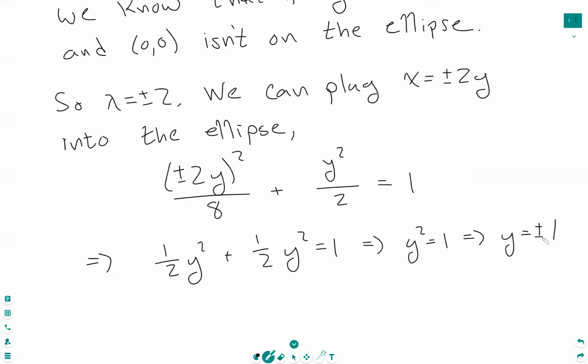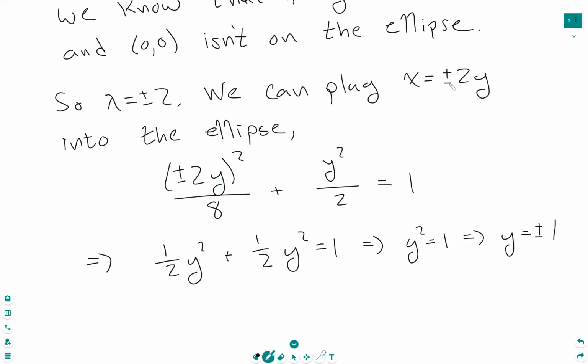Okay, so it's important here, when we start using all these plus and minuses, to really keep track of what means what. So if lambda is positive 2 and I plugged in the positive here, I still got y squared is equal to 1, which means that y is still plus or minus 1, regardless of whether I chose the positive or negative for lambda.